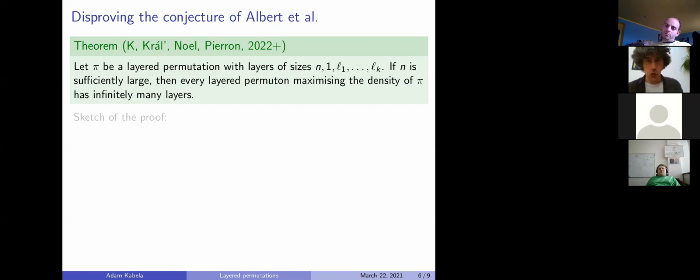So here's what we show. We show that for a pattern whose first layer is very long and second layer is singleton, for such a pattern, the number of layers in the maximizers goes to infinity.